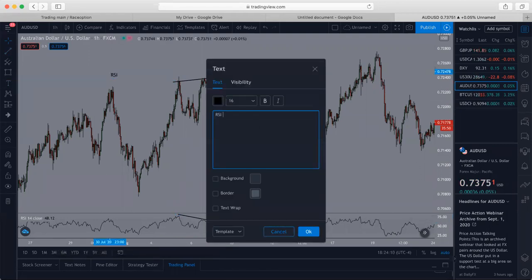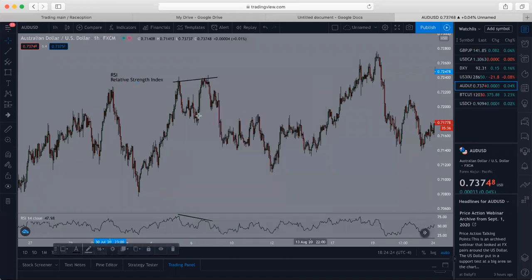So the RSI stands for relative strength index. It's basically just showing you the strength of the market. You can use this as like a cheat code.